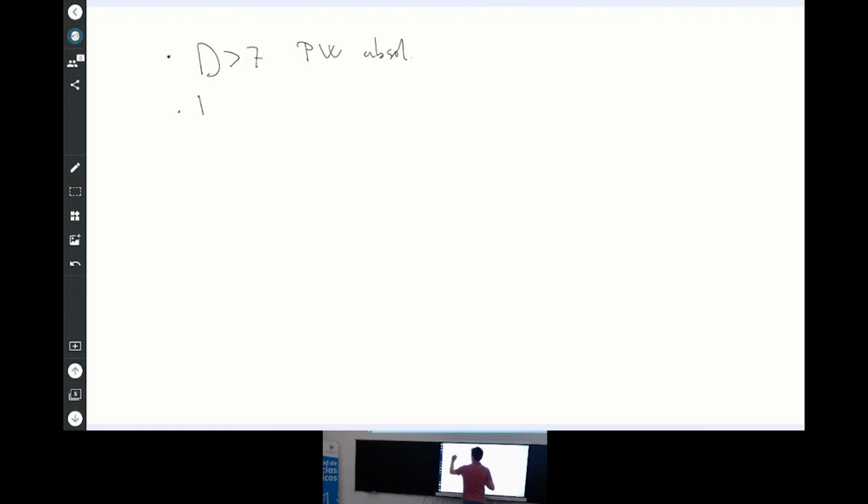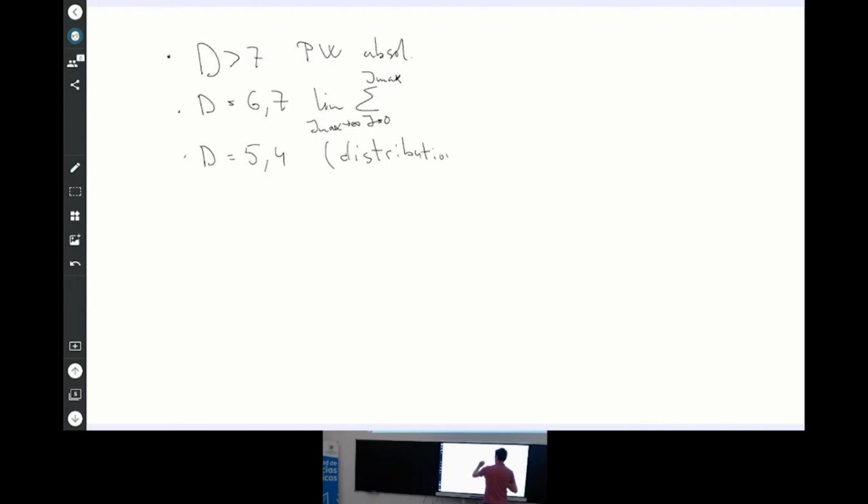In, say, d equal 6 and 7, if you truncate this sum and take the limit, it exists. In d equal 5 and 4, the partial wave sum does not converge. So it converges in the sense of distributions, as I guess described also recently by Jashin, Peter, and Slava.